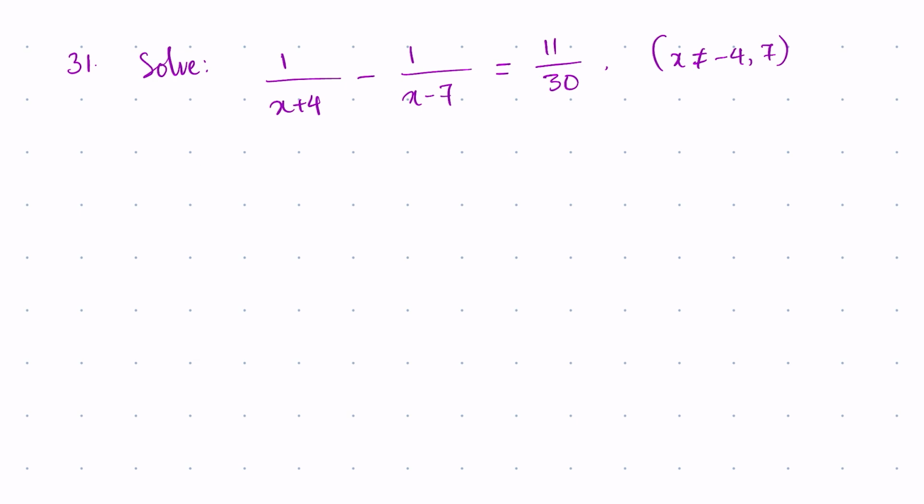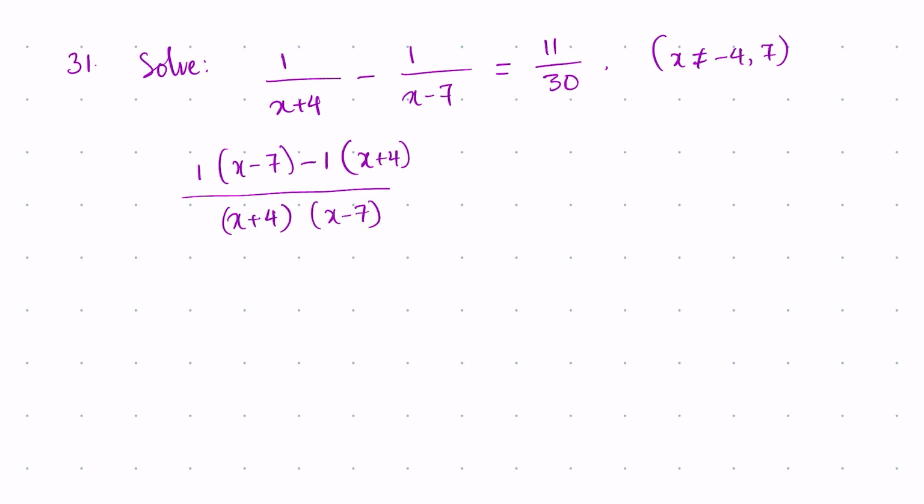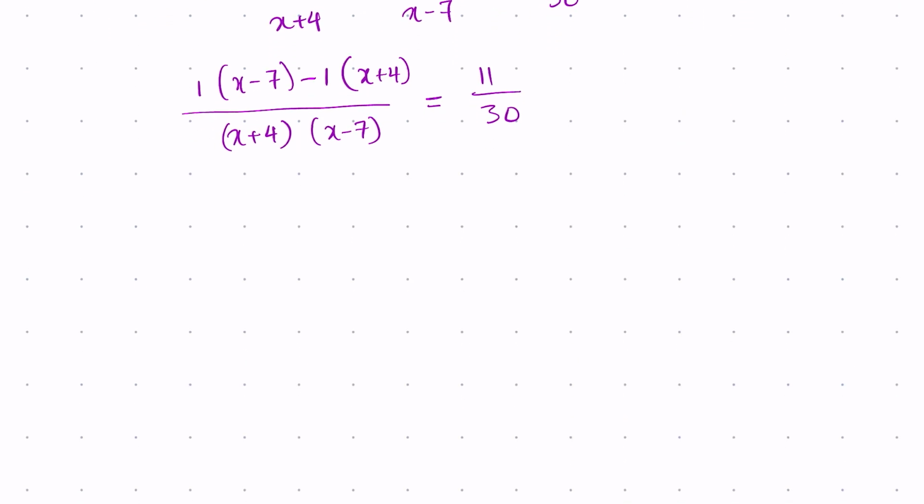So 1 divided by, so 1 multiplied by x minus 7 minus 1 multiplied by x plus 4. Then we have the denominator, which is x plus 4 times x minus 7. That's equal to 11 by 30. Let's simplify a little bit.